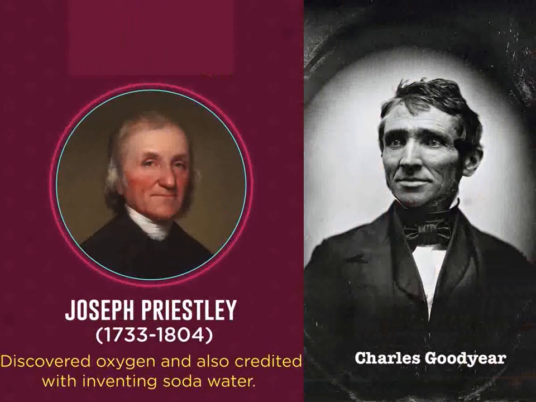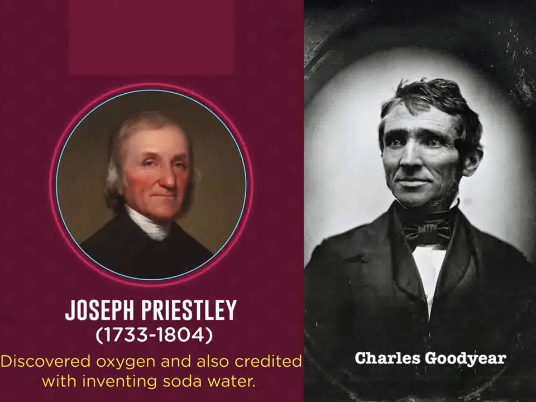The English chemist Joseph Priestley gave it the name rubber in 1770 when he found it could be used to rub out pencil marks. Its major commercial success came only after the very famous vulcanization process of rubber, which was invented by Charles Goodyear in 1839.